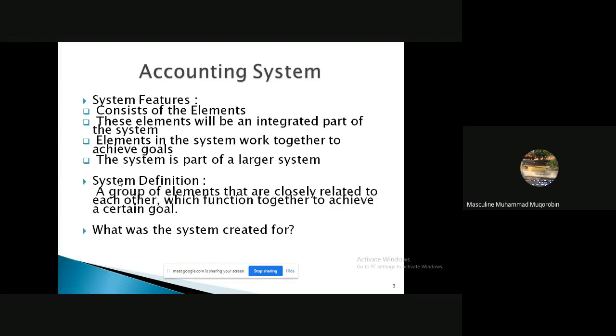And the system definition is a group of elements that are closely related to each other, which function together to achieve a certain goal. And what was the system created for? To deal with something that is repeated or routinely implemented.